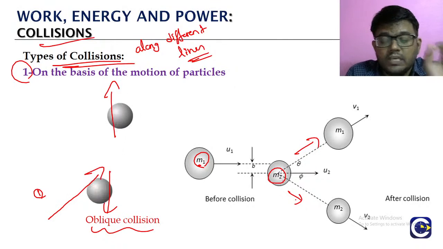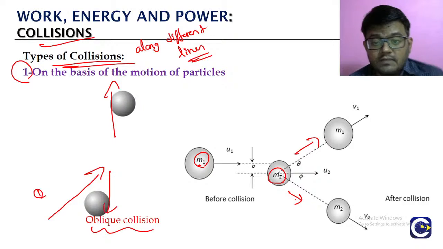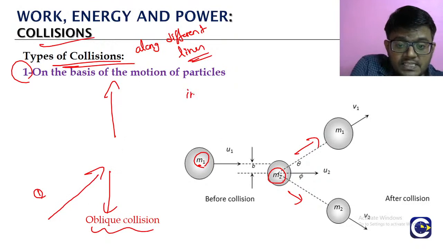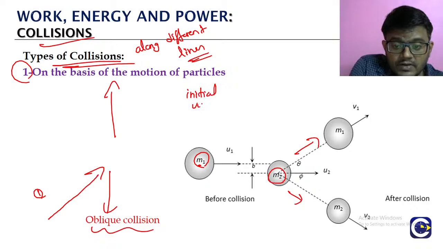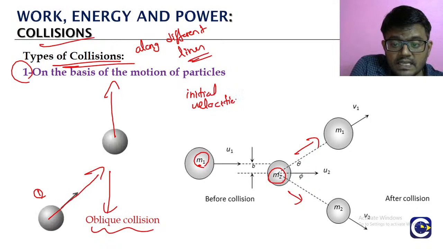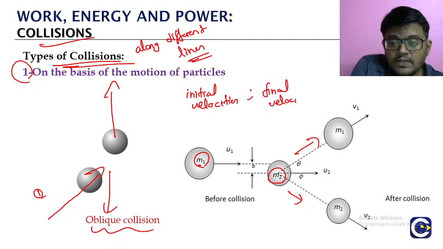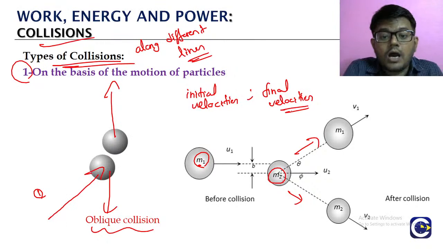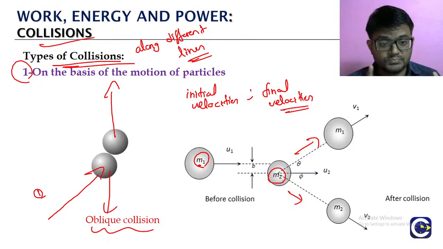Okay, so if the velocities of the particles, we have to include the initial velocities and the final velocities. So the velocities of the particles involved in the collision are not in the same line.